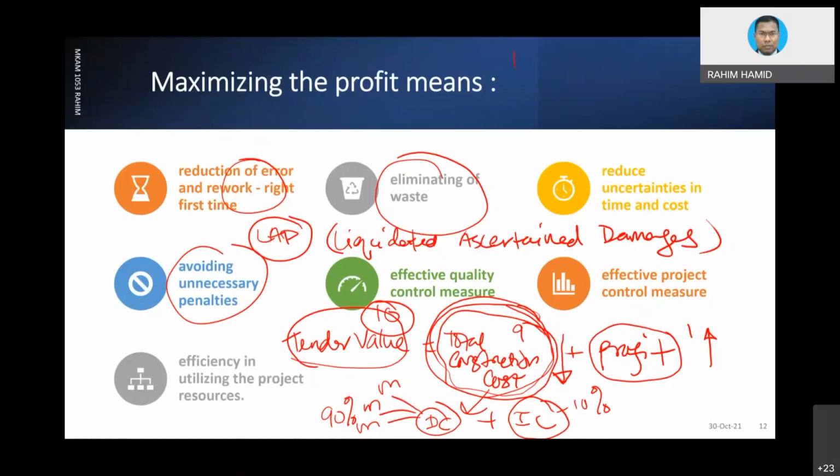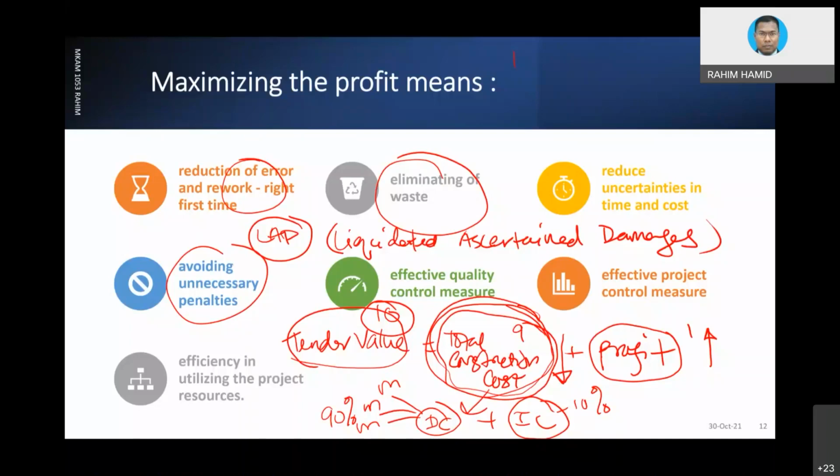In a construction contract, the penalty has been decided early. There could be penalty which has not been decided. So that is what we call liquidated ascertained damages, LAD, at a certain rate. They do have things that they base on to calculate those rates.